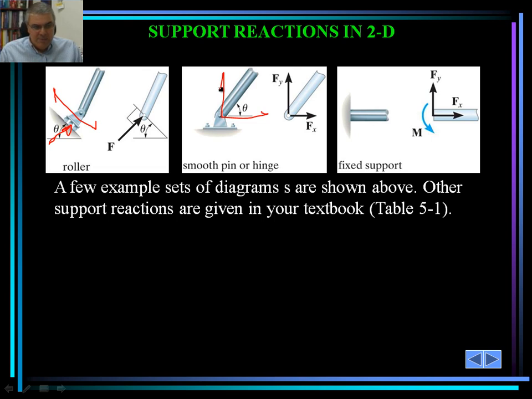The displacement of the support in the x and y directions is prevented in such a support, but it is pretty much free to rotate around the point that is shown here. Okay, so it can rotate both this way, and it can also rotate the other way, right? So that's very important to realize. As a result, there will be no reactive moment, and the moment would be 0.